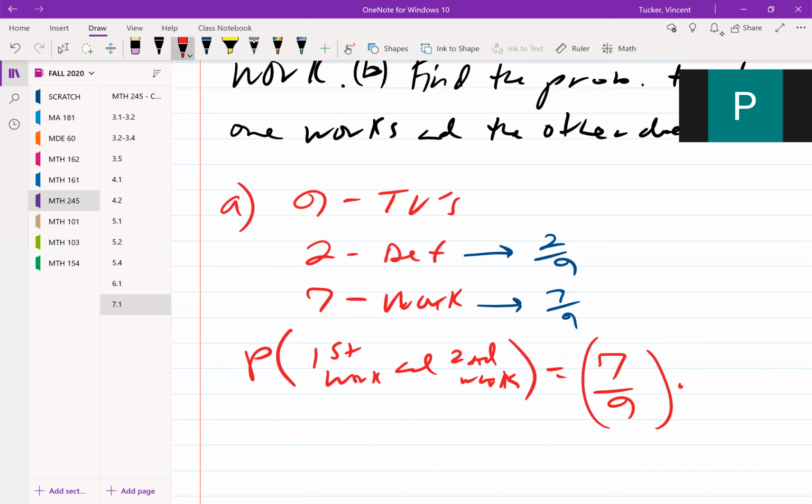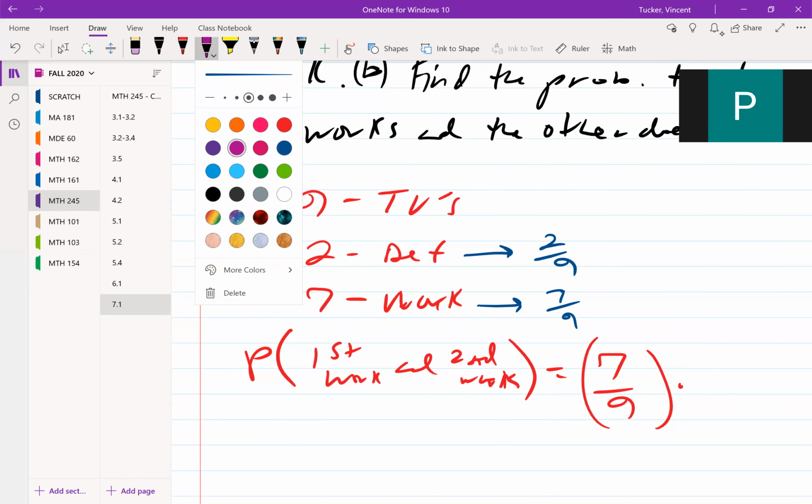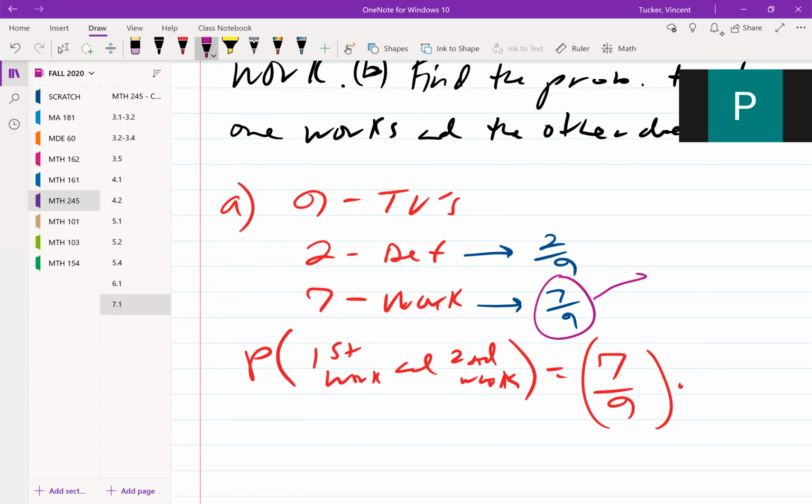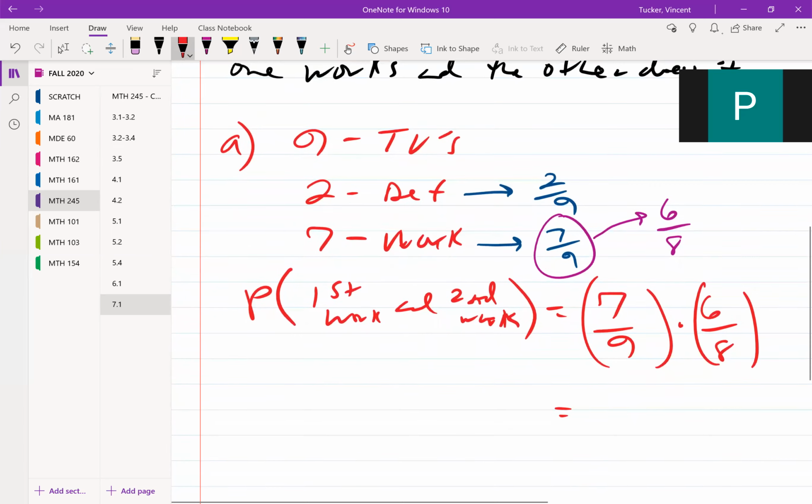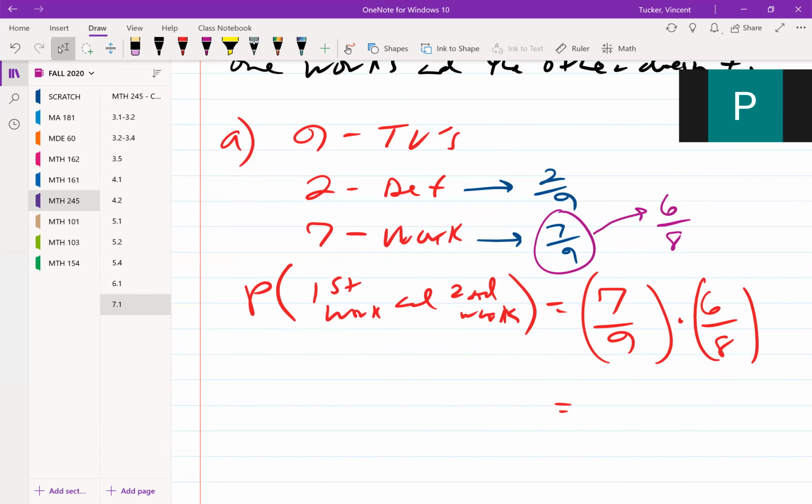Now, remember, if I choose one out of this group of 7 out of 9 TVs, then that means I have 6 TVs that are working left, and I have 8 TVs left. So the probability of getting a working TV after I've already chosen a TV that works will be a 6 out of 8 chance. And so you would multiply those two together.